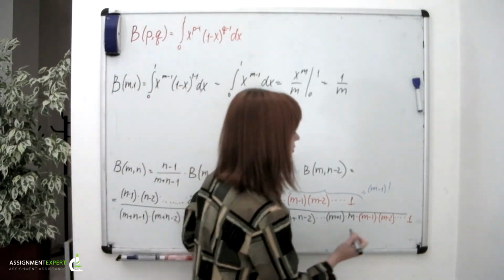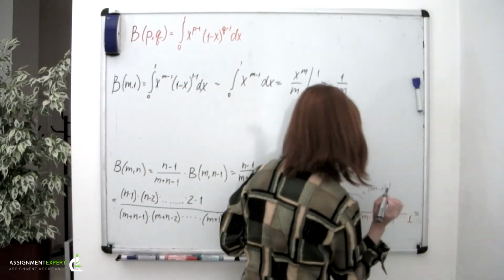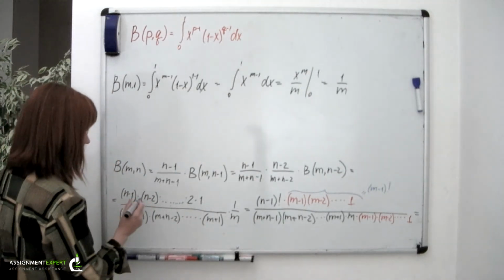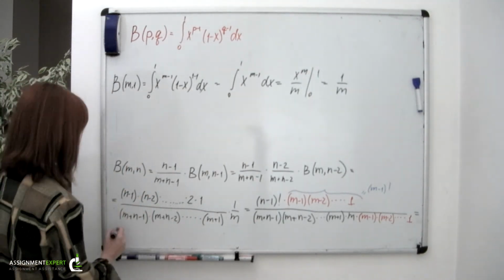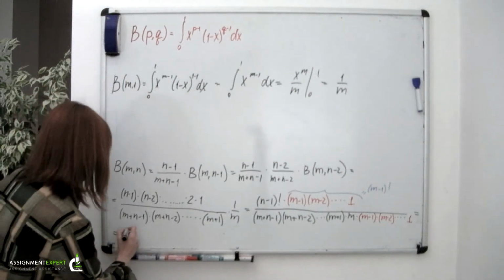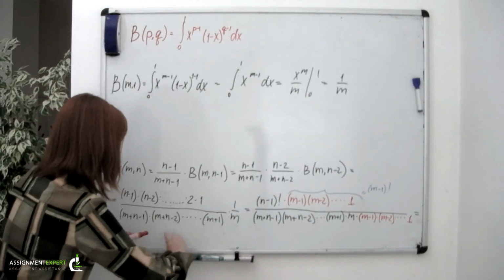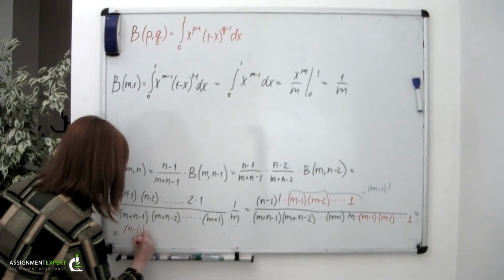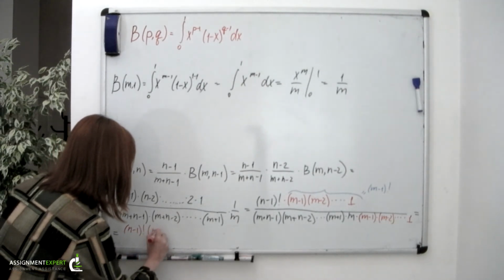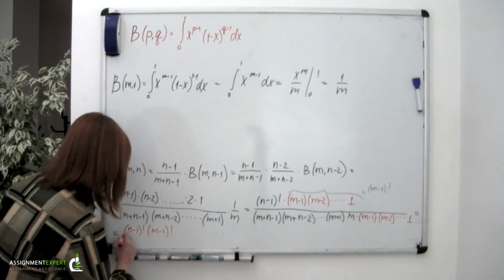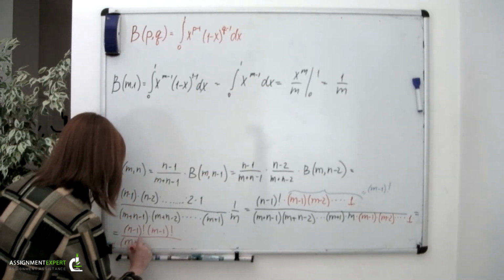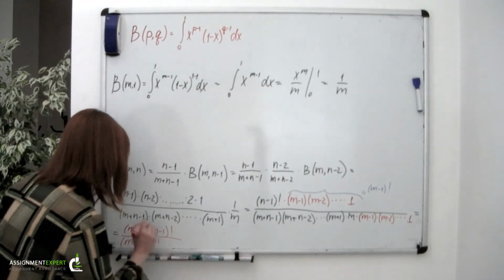So what we'll obtain is (n minus 1) factorial times (m minus 1) factorial over (m plus n minus 1) factorial.